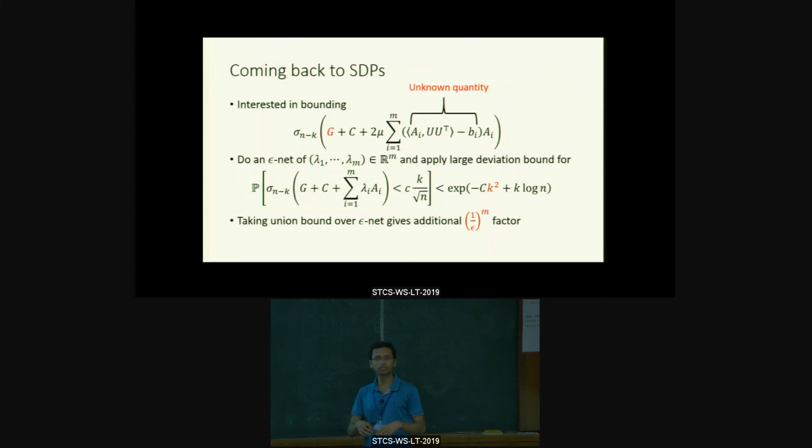Because you are doing an epsilon net in the m dimensional space. So you take say the unit ball in the m dimensional space and find a set of points so that any other point has a point in this set whose distance is at most epsilon.